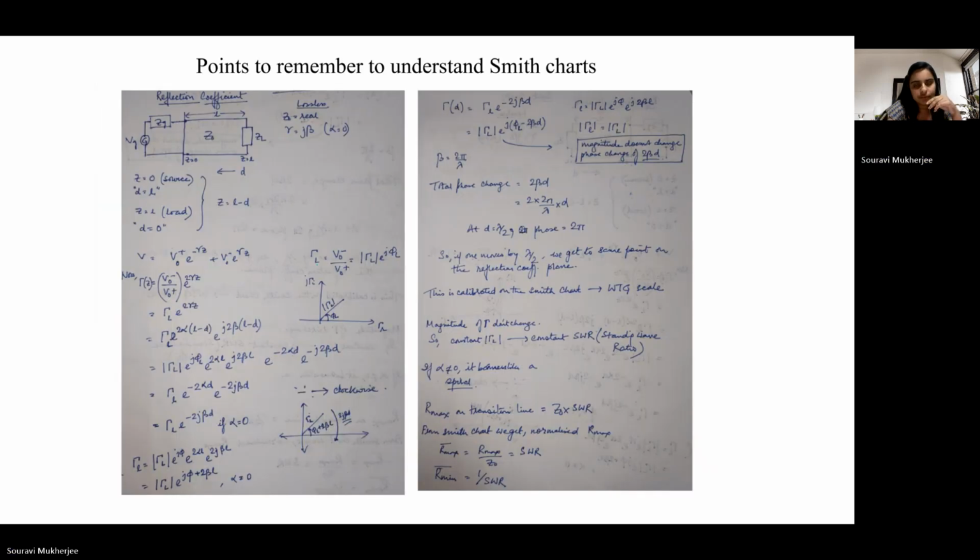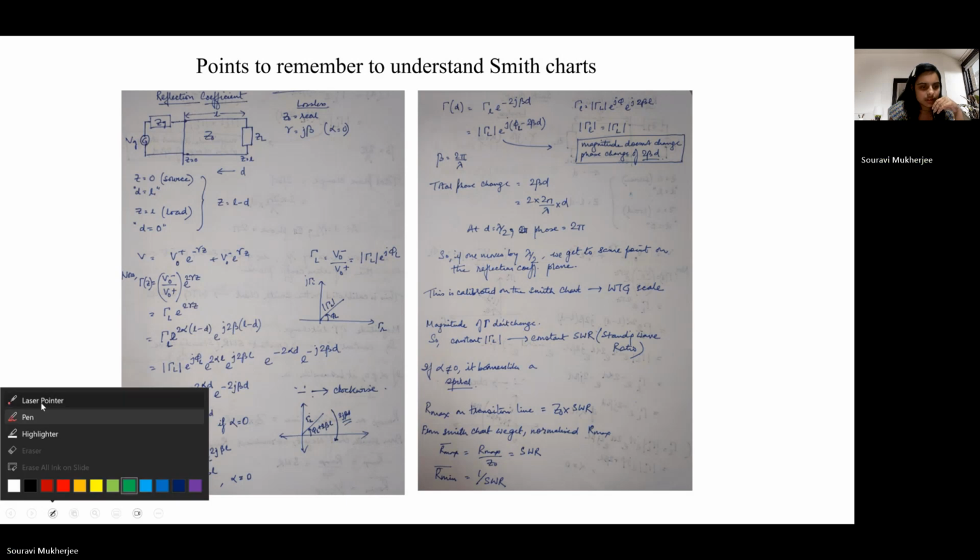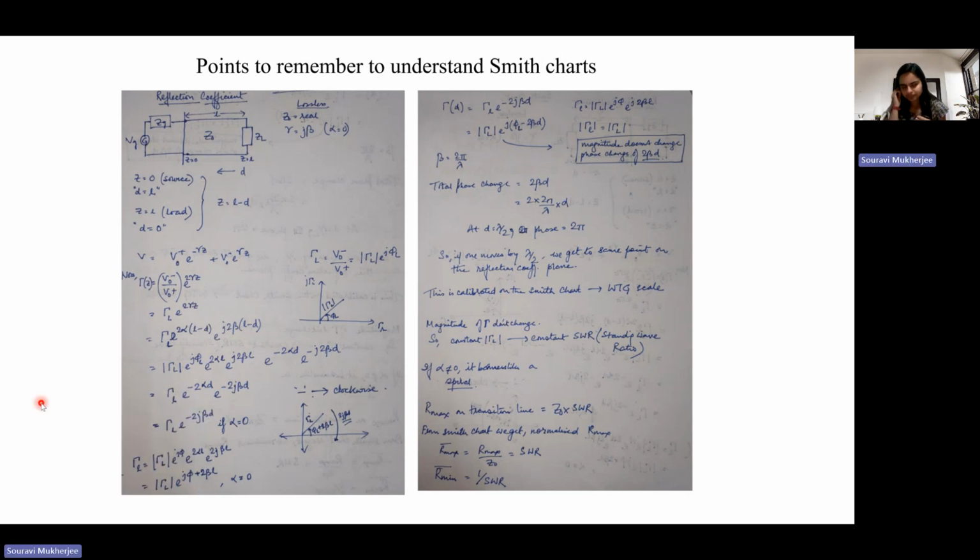Now before we start using Smith charts for graphically finding these values, let us remember some points. First, suppose you have a circuit where you have some impedance at the generator end, this is the voltage that you get from the generator, and the transmission line has some characteristic impedance which is given as Z naught, and then there is a load at the ZL end.